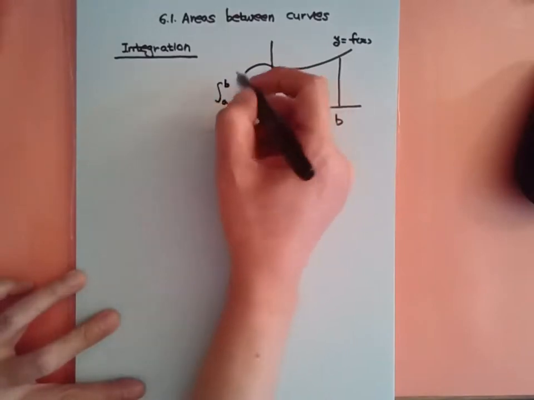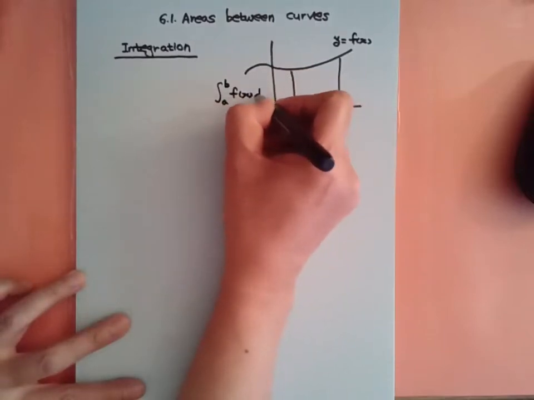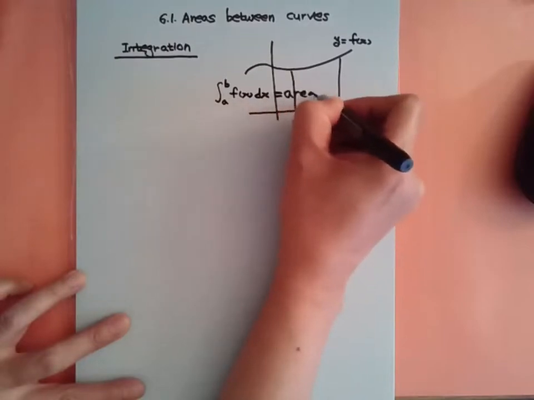When we think about the integration from A to B, f of x dx, that is the area under the curve.